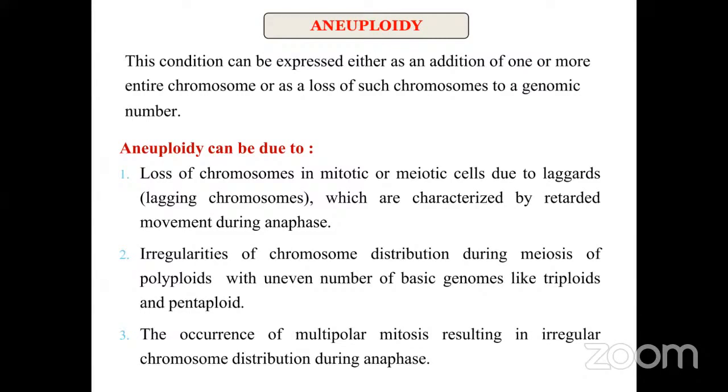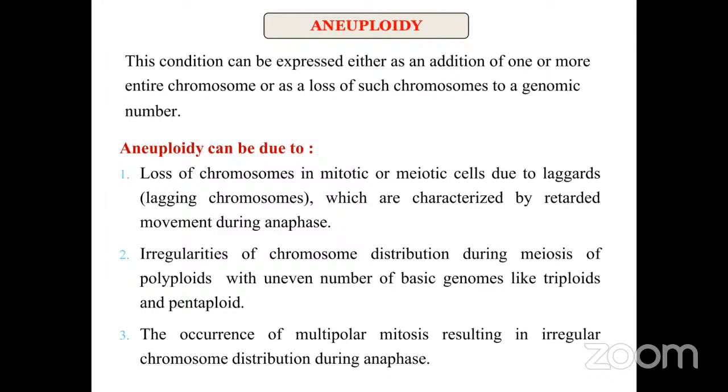In numerical chromosomal aberrations, we have seen euploidy and aneuploidy. Euploidy means the entire set of chromosomes is duplicated. One chromosome will have 3 copies, or 4 copies, or 5 copies, pentaploid, like that. And in the case of aneuploidy, as I told you, there will be a loss or addition of one or more chromosomes.